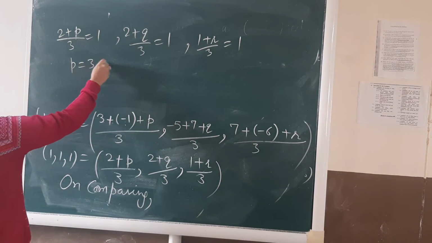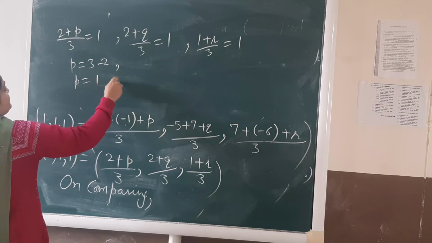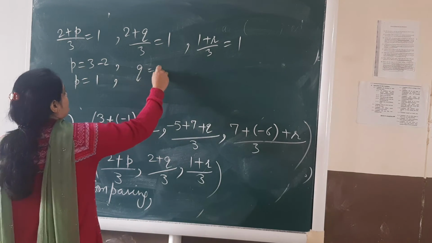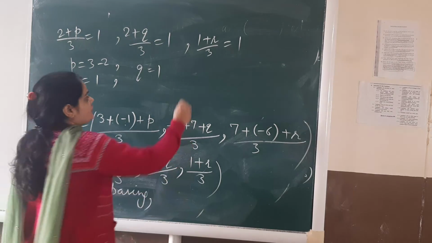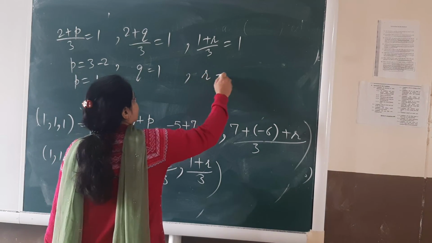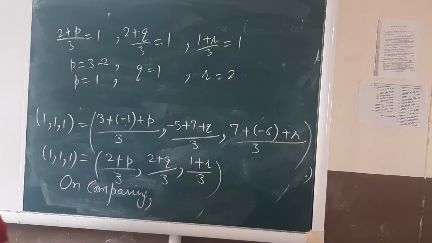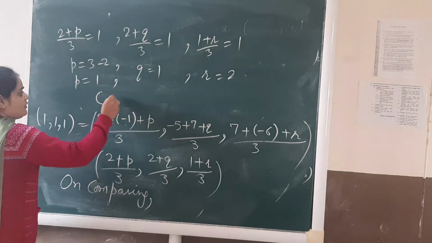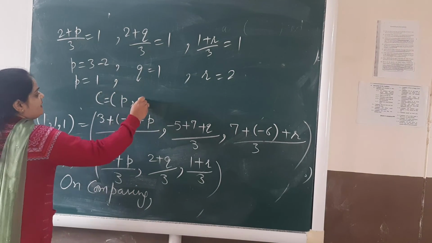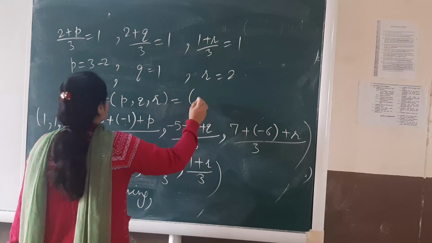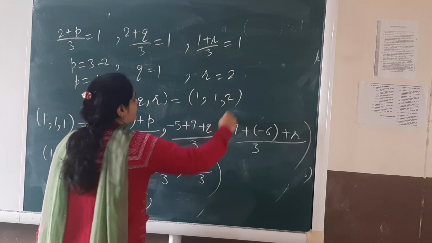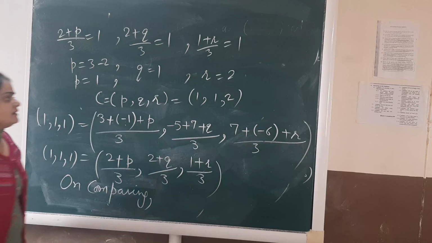So p's value is 3 minus 2 which is 1, and after solving this we'll get r is equal to 2. So the C point will be p, q, r, where p's value is 1, q's value is 1 and r's value is 1 by 2.